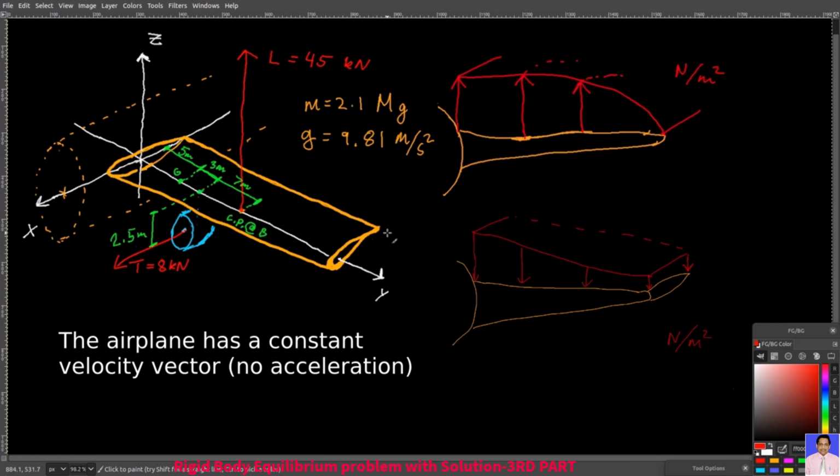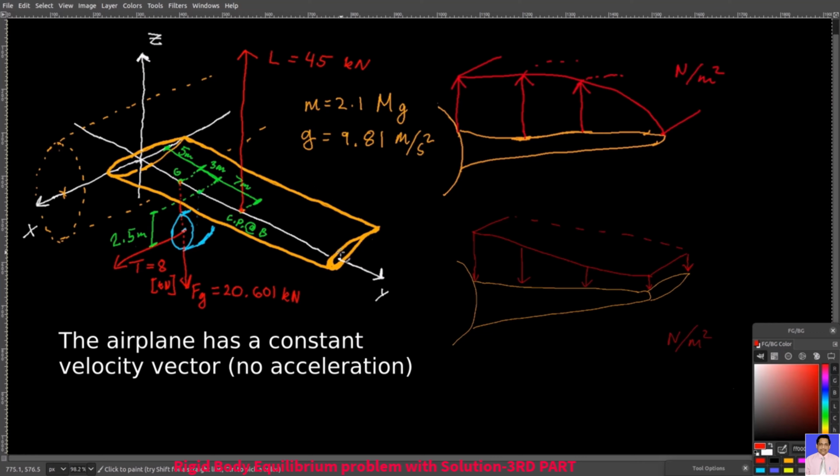But we assume that the gravity point force, Fg, goes through the center of gravity of the wing, which is here at point G. And so if I draw it, then it looks like this. It's going to be Fg equals 20.601 kilonewtons. And it goes through this point at G. You get this number if you take your mass and you multiply it by G and make the necessary unit conversions. And so you have all the relevant dimensions in the image.